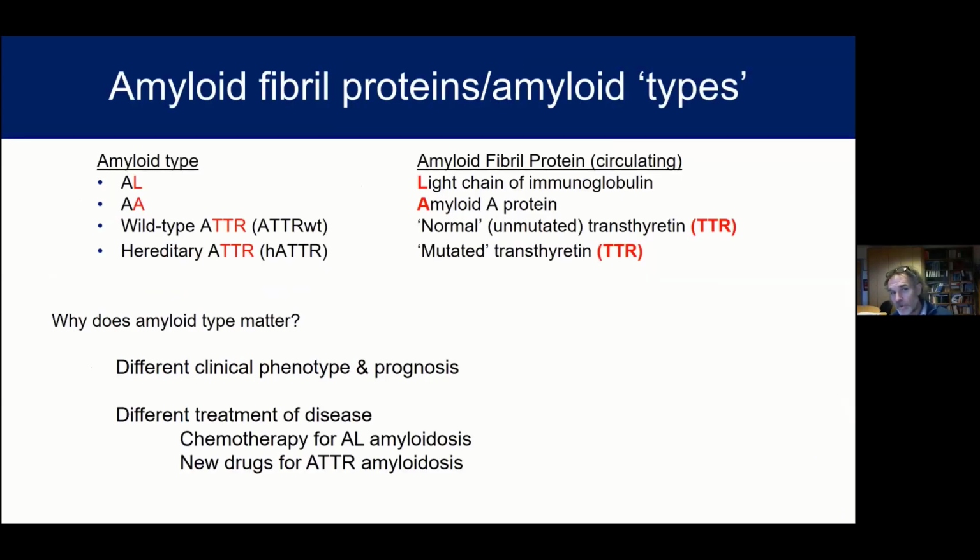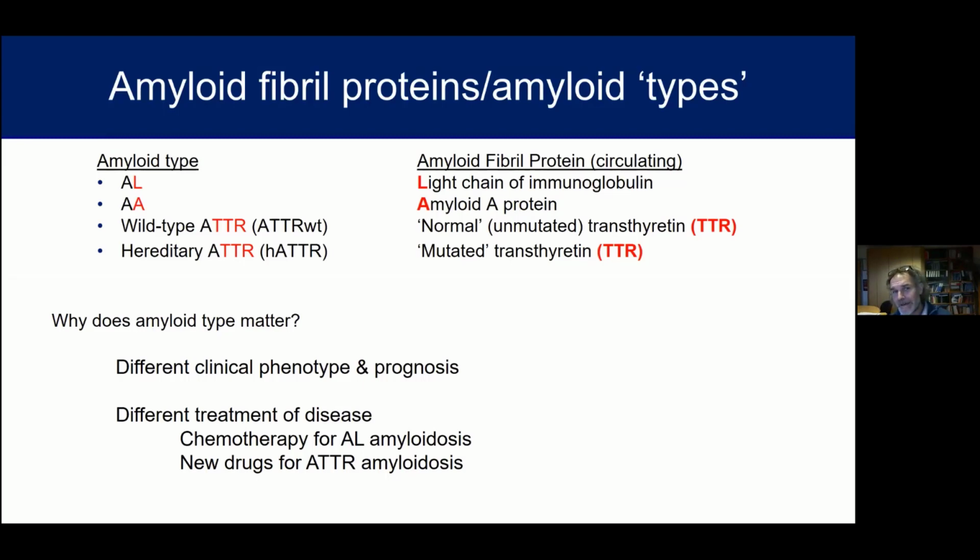So for example, in AL amyloidosis, the amyloid fibril protein is a light chain of immunoglobulin derived from a monoclonal excessive production from typically a plasma cell dyscrasia or a monoclonal gammopathy.